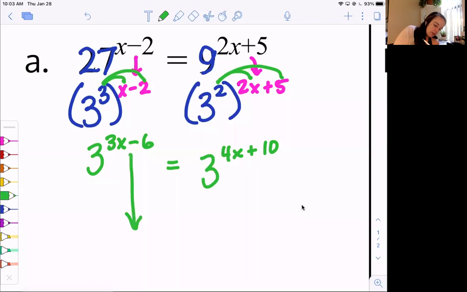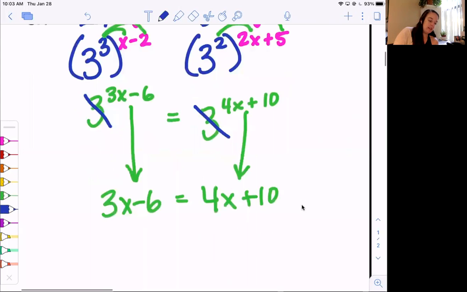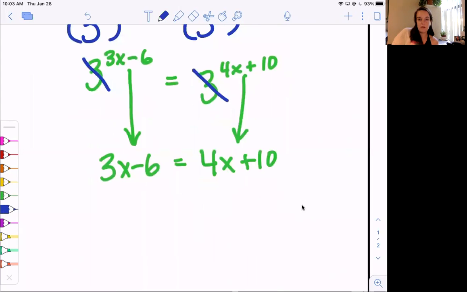So basically, I can make a more simple equation. 3x minus 6 must be equal to 4x plus 10. I'm basically saying the 3s, adios amigos, and then we are going to solve the exponent equals the exponent. This is very quick. Go ahead and solve that. Try to get an answer. What does x equal?